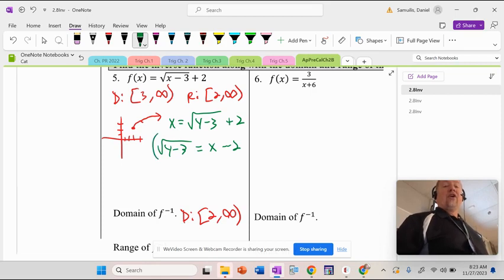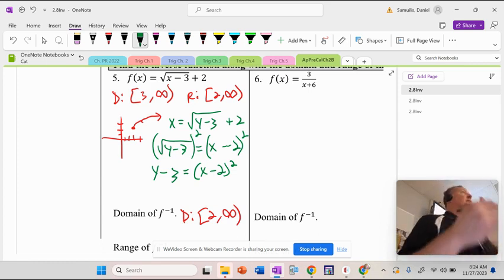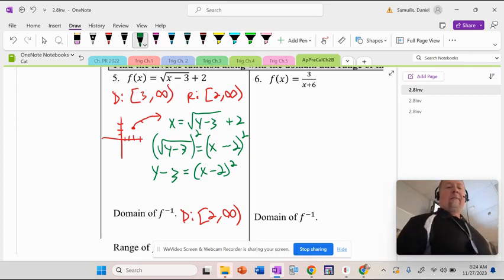I have a parabola, but not a full one. A parabola that by default, the domain is restricted because of where it came from. So I will only have half of this parabola. And by the way, when you square both sides, it's not plus minus. It's when you square root. All right. And then I'm going to turn this into inverse notation and then add 3.